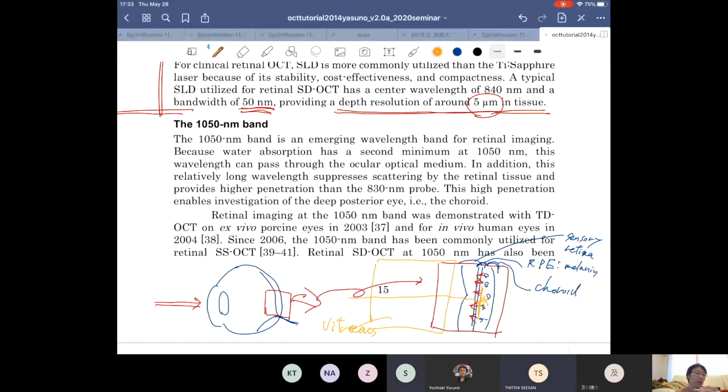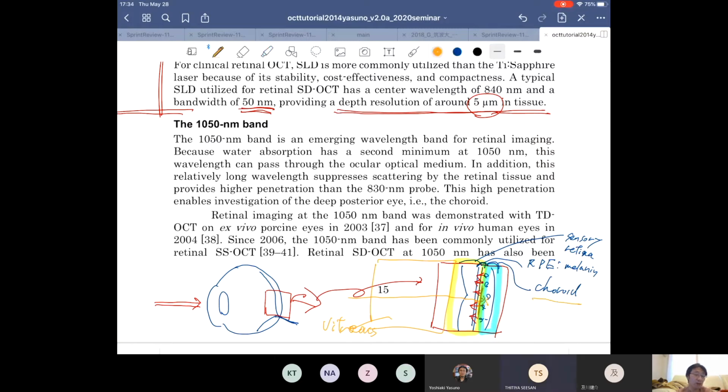So in the case of 830, what we can visualize is the region around this part, right? But there is still a significant structure beneath this image penetration. And actually, that was the interest of clinicians.